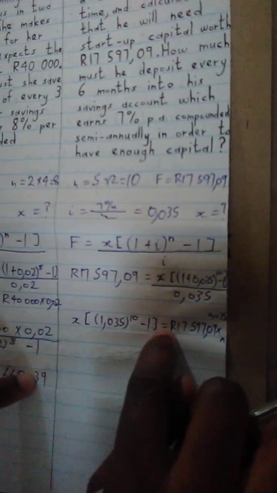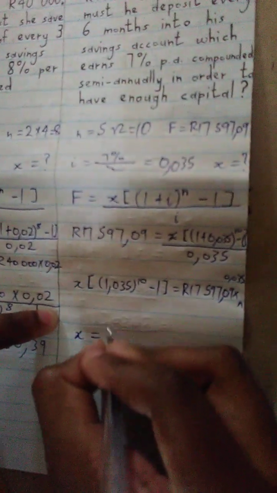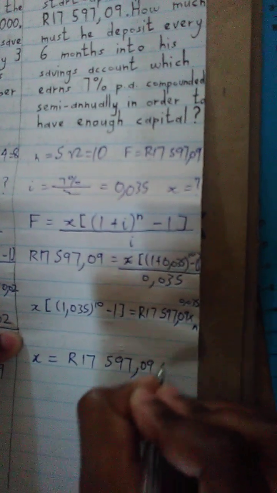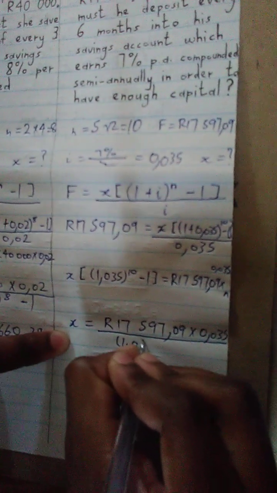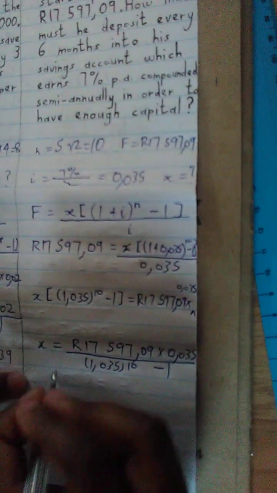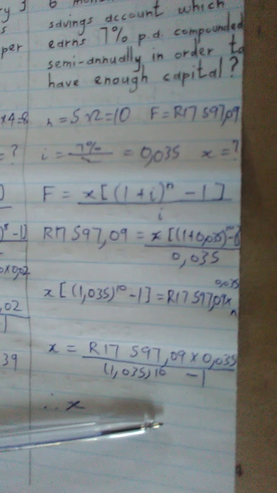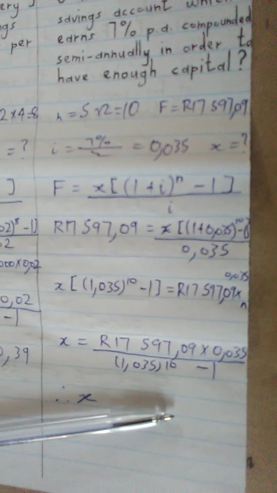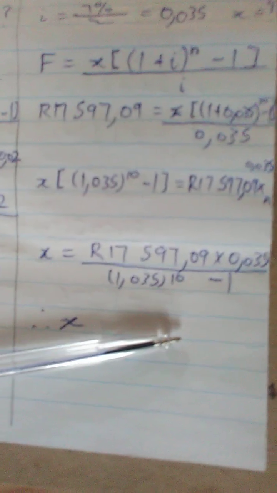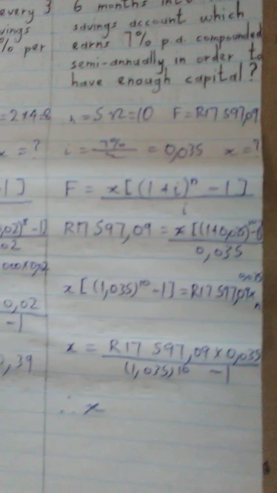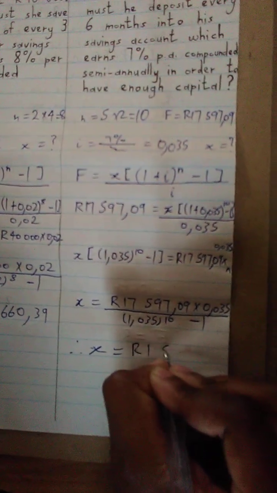We divide both sides by this, so it's just going to be the final answer. So to 2 decimal places, X is 1,500.